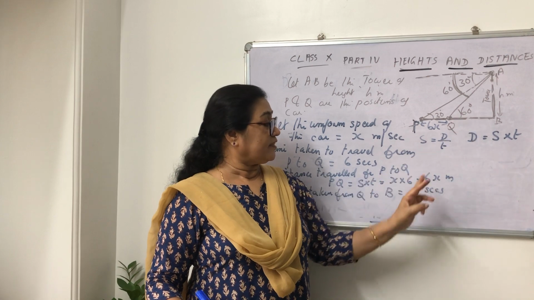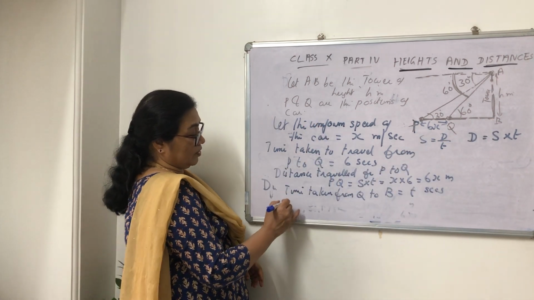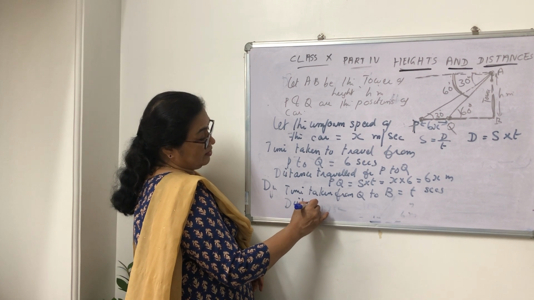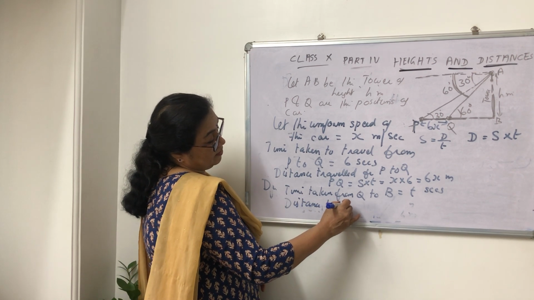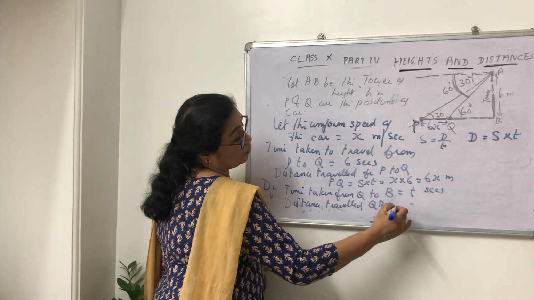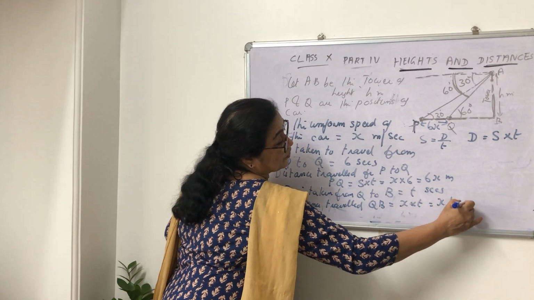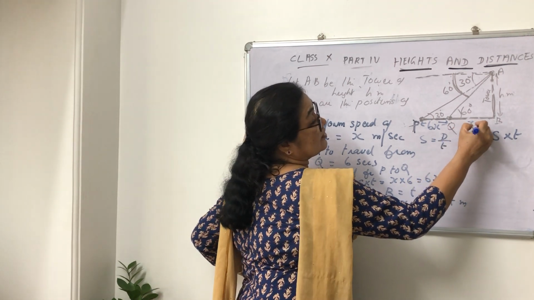Speed is x, time is t. So distance traveled QB is equal to xt meter. So this distance is xt.